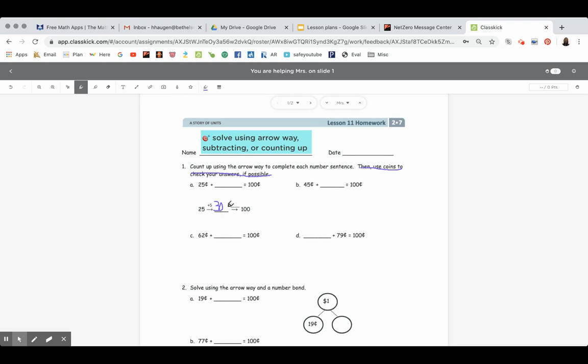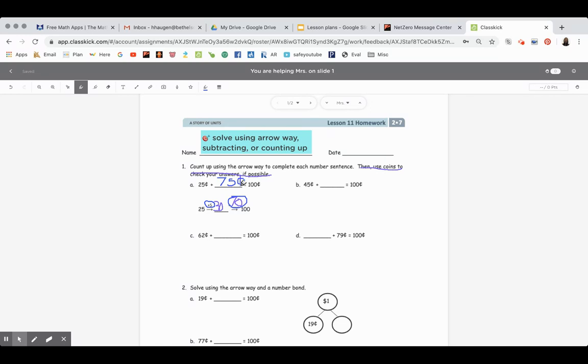Well, we know that 3 and 7 makes 10, so that means 30 and 70 would make 100. Now remember, in order to get the final answer, we're looking at the numbers that we added up here at the top. So I'm looking at 70 plus 5 to give me a final answer of 75.